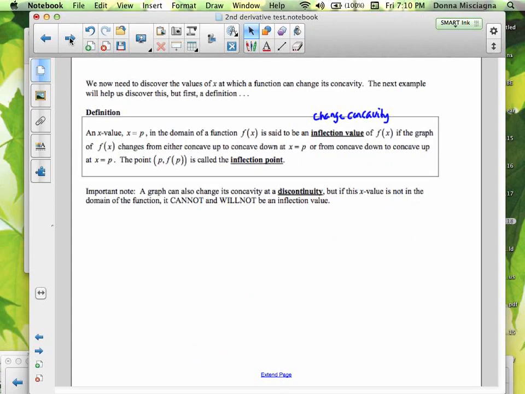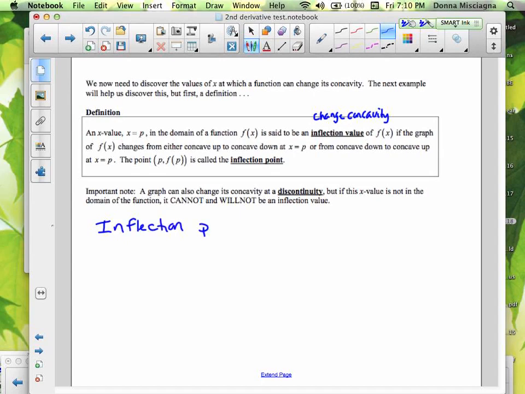The point p, f of p, is called the inflection point. So an inflection point is a point on the graph where the concavity changes.